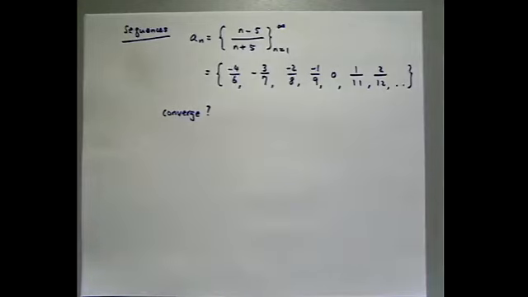The first question we want to ask here is, does the sequence converge? So what does it mean when a sequence converges? What approaches the final number? So the term down the road. Right? So how would you find that?